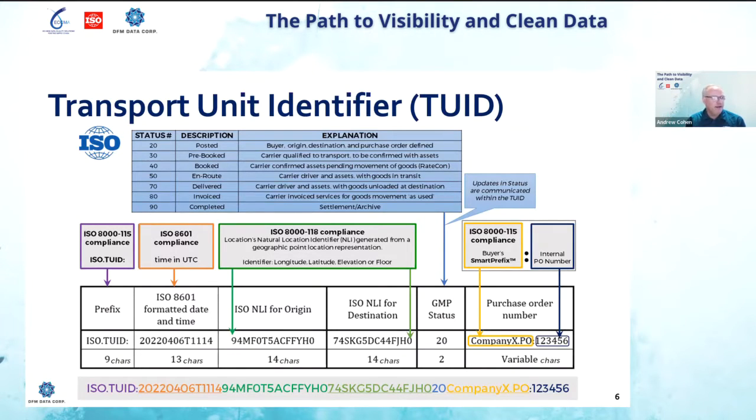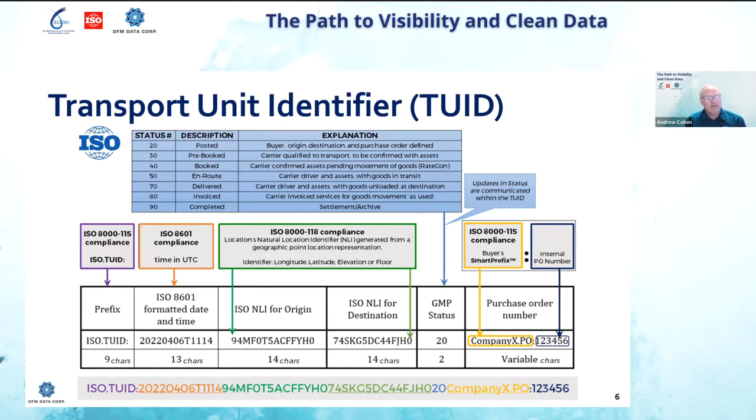And so as you can see in this reference chart, the TUID contains the date, the ISO 8601 date format, along with the NLI formats for both origin and destination, along with the company and purchase order number. So the who, what, when, and where are all integrated into this global identifier.